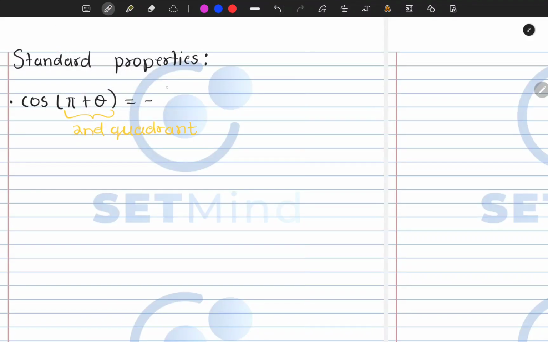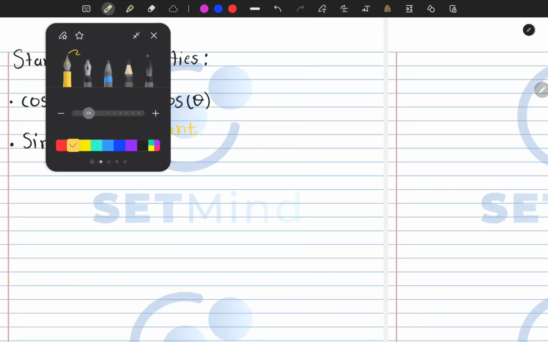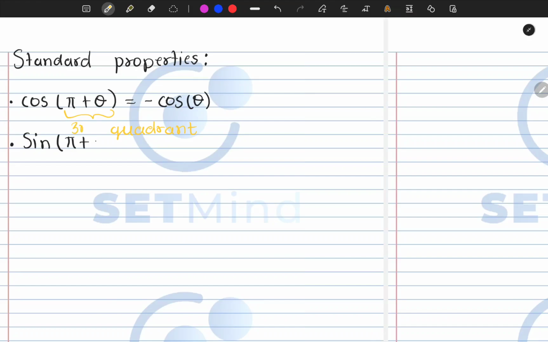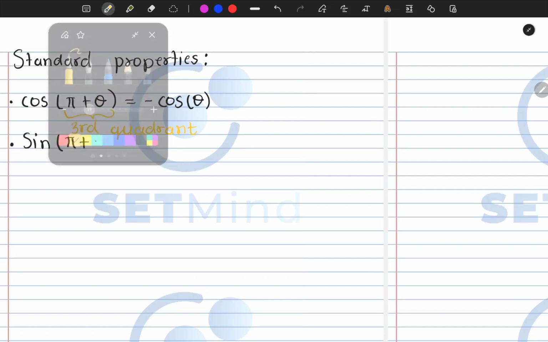So this becomes negative cos of theta, because cos is negative. My apologies, this is actually the third quadrant, it's plus. So let's fix that. That is the third quadrant, not second.